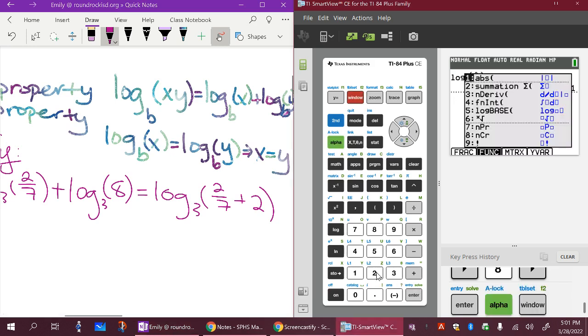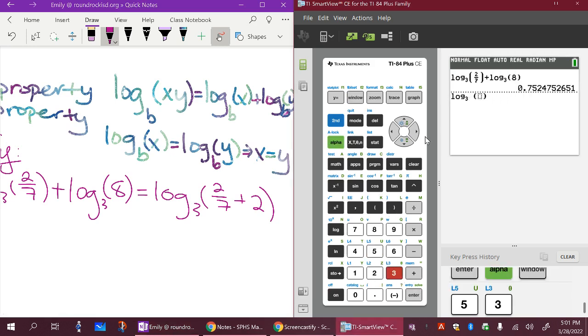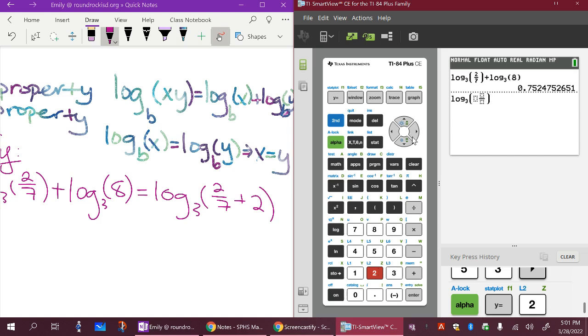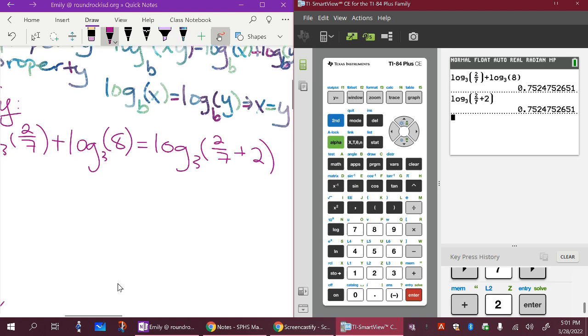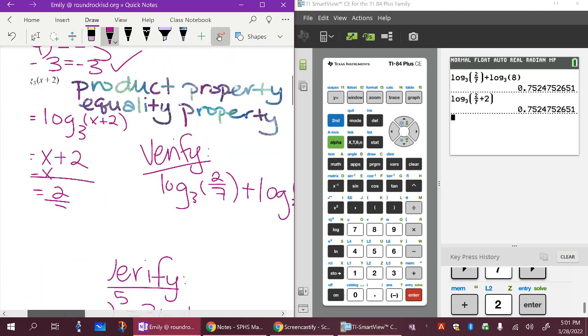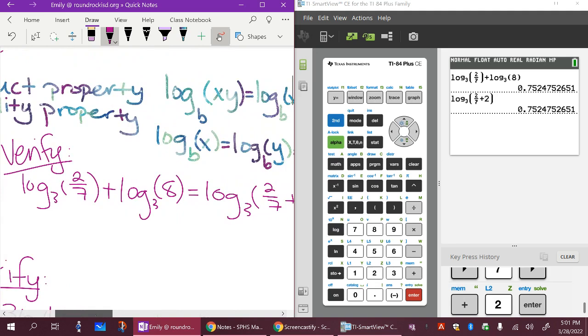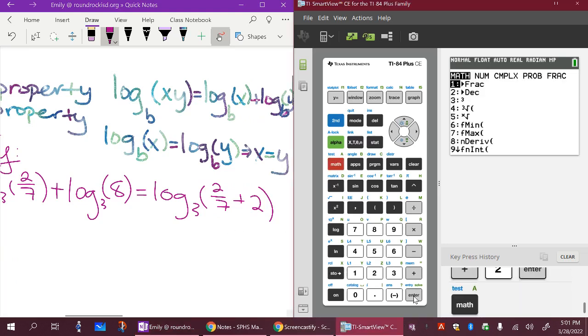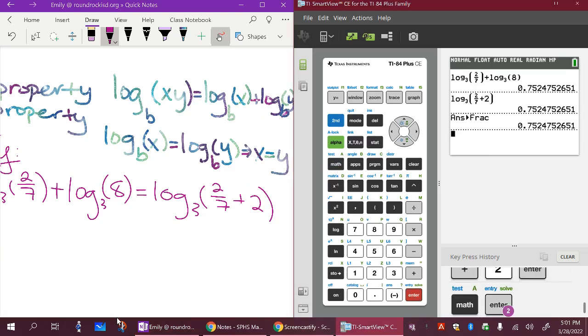equals. So now we're going to put in this one, log base 3 of 2 over 7 plus 2. I didn't know I could do that. And we get the exact same decimal. So, okay, so it doesn't turn into a fraction.